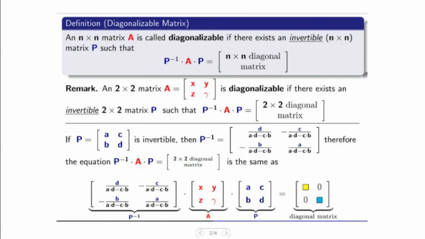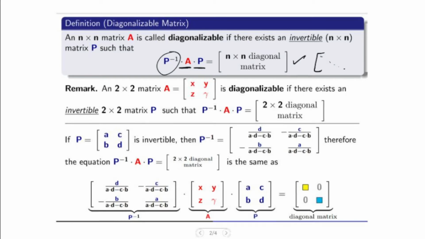And then you take the inverse, multiply it to the matrix A, and multiply it to the matrix P itself. That will end up giving you an n by n diagonal matrix. We just discussed what is a diagonal matrix, which means that all the elements in the diagonal will be non-zero elements, the rest are all zeros. So that's the condition that says if a matrix A is diagonalizable or not.